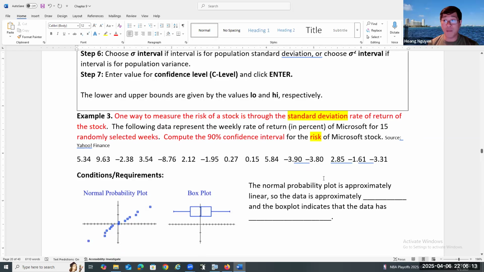There are two requirements that you need to double check before moving on. The first is to make sure the sample we selected is random. That's good because this is a randomly selected 15 weeks, so the first condition is okay. For the second condition, you want to make sure that the population is normally distributed, or that the normal probability plot shows a linear trend.